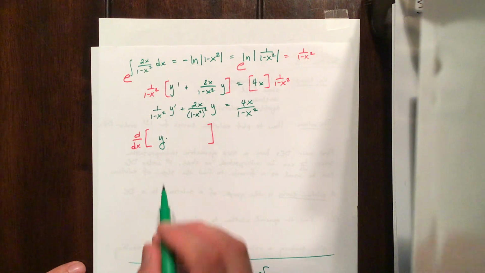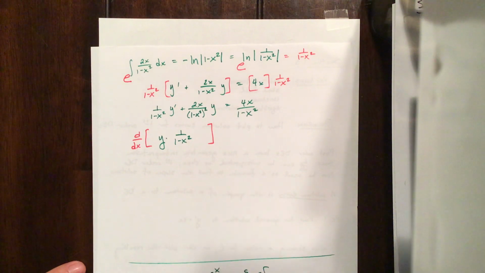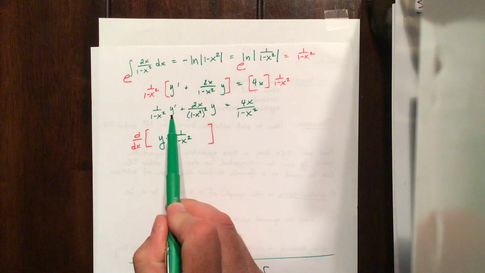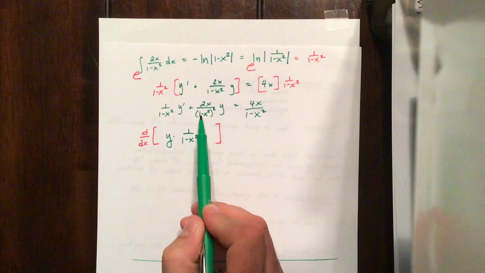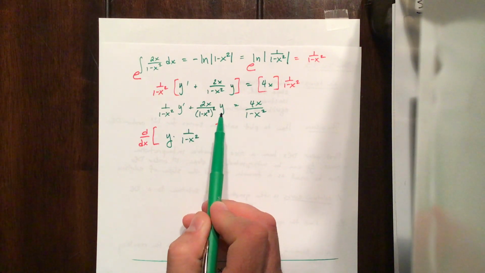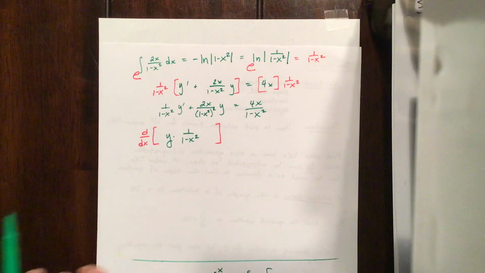The answer is it's 1 over 1 minus x squared. Okay, how did I know that? Well, a couple different reasons. If this is f prime, then this is g. This is g prime, this is f, so there's f right there, g is right there, 1 over 1 minus x squared.